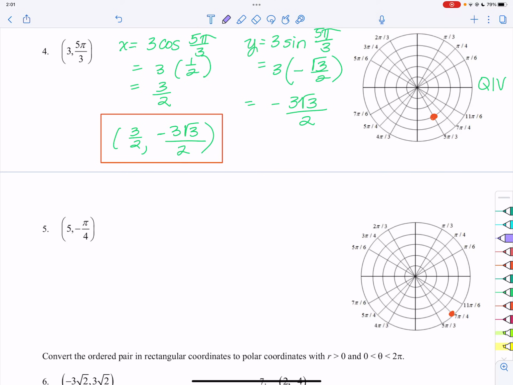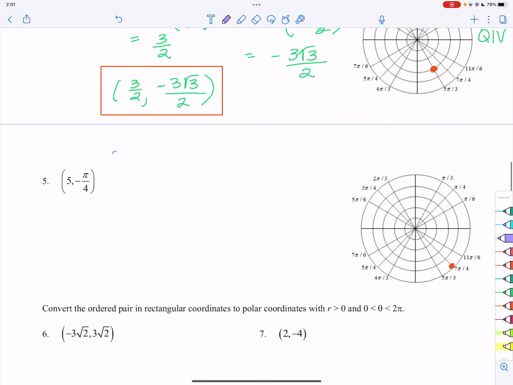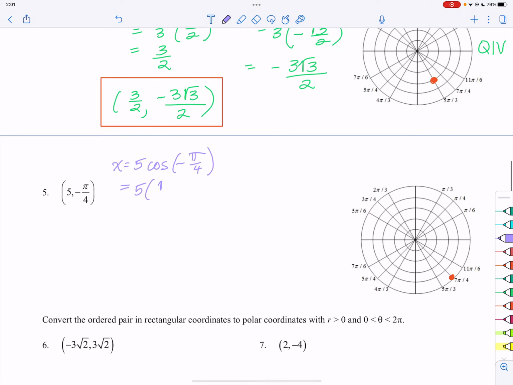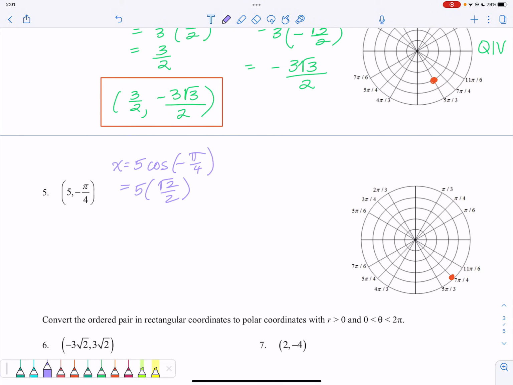So now we have x is equal to 5 cosine of the opposite of pi over 4, and that's equal to 5 root 2 over 2, and here we are again in quadrant 4.